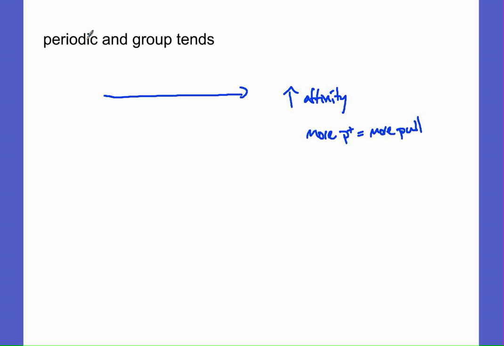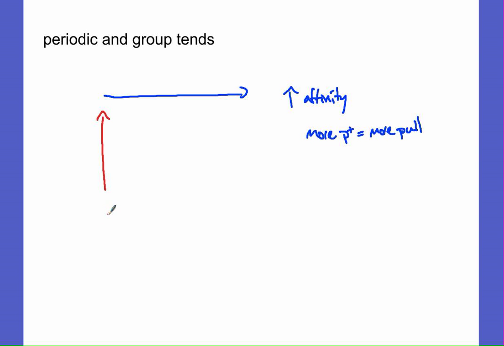Whereas up and down, again, the ones above are more likely to gain an electron than the ones below, because of what we talked about before. It's easier to catch an electron when that electron's going to fall into a shell that's closer to the center. Again, the closer you can get that electron to the center, the more attracted it's going to be.